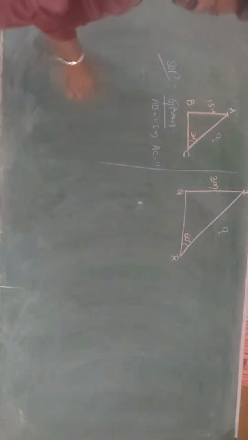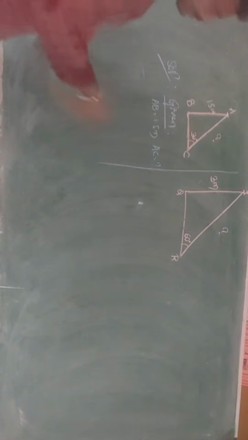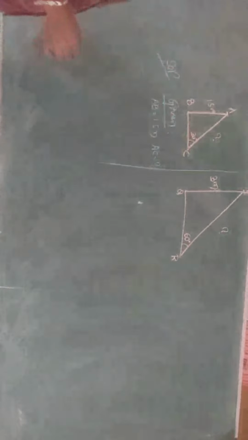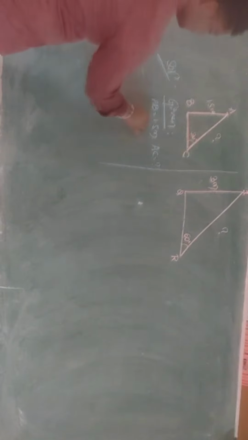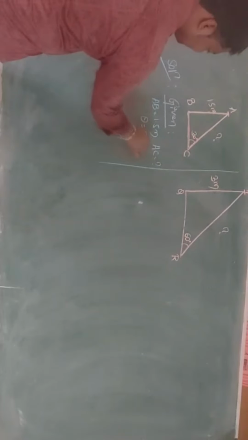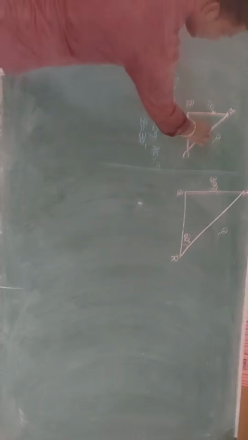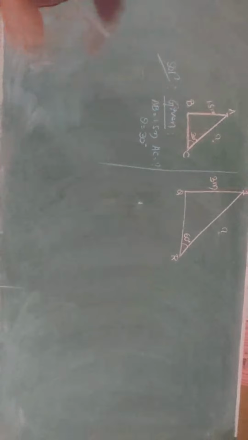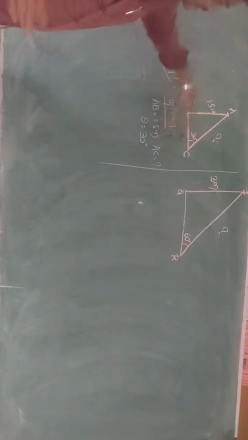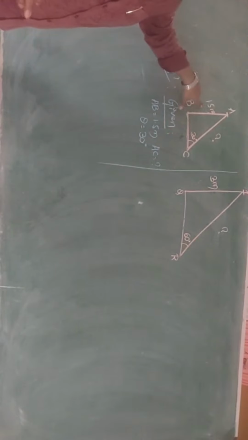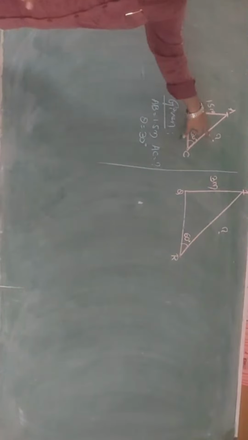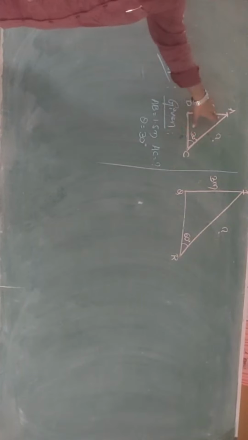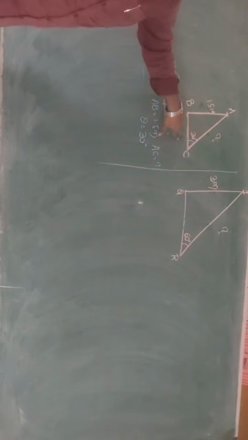The angle of inclination is given, we are taking it as the angle of elevation, that is theta is equal to 30 degree. So what to calculate? Hypotenuse we need to calculate. Angle formed here means this side is the opposite side and this side is the hypotenuse. Hypotenuse will not change, whichever angle you take. And BC is the base.